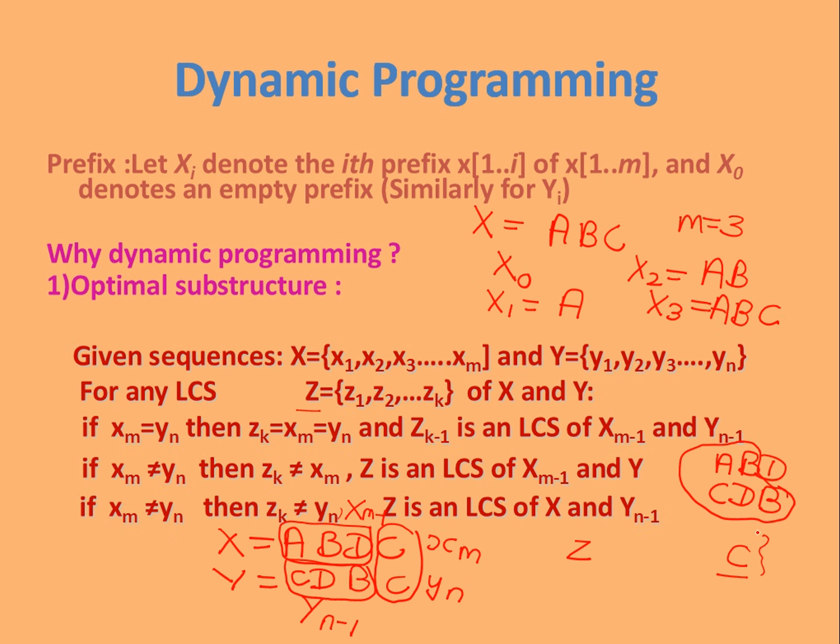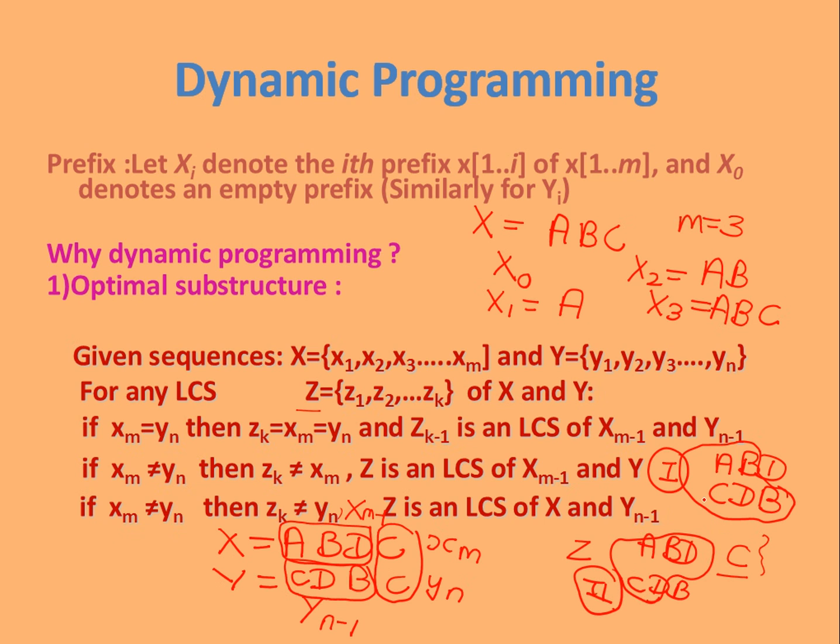If you have ABD and CDB, then either LCS of AB and CDB is the first case, or you pick this D and leave this B, then this is your second case.